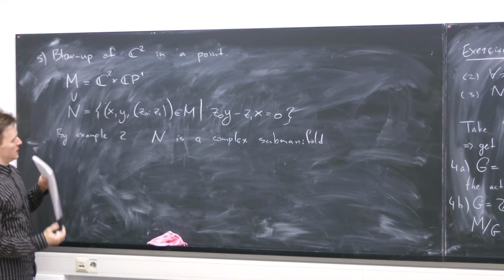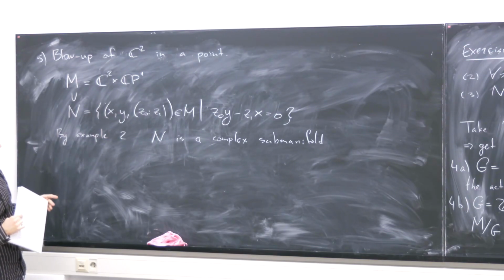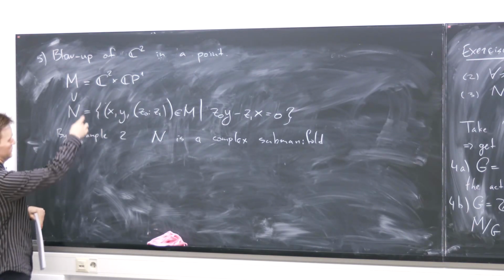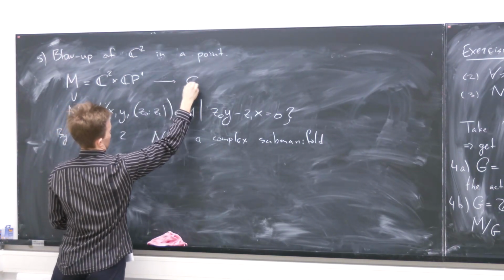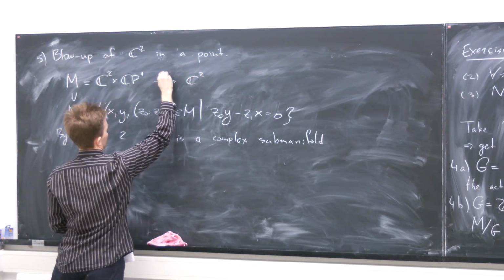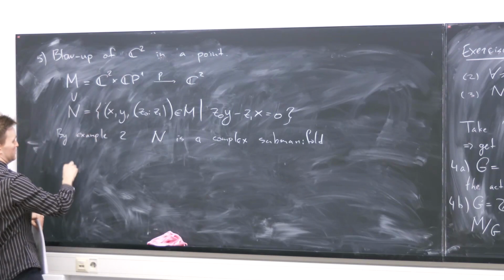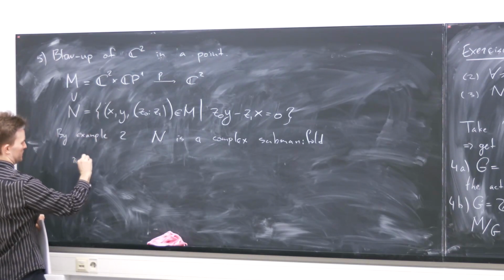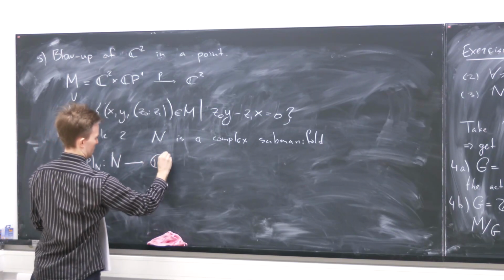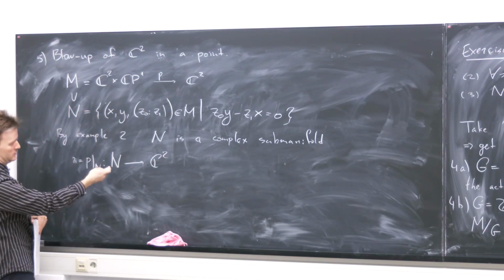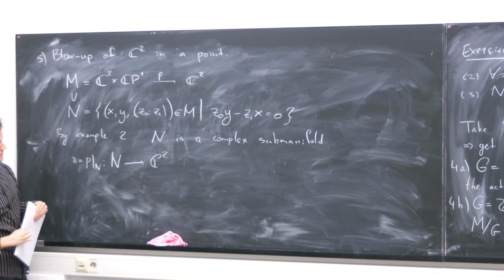Well, why is it called a blow-up? Let's look at the projection to C^2, restricted to N. What are the fibers of this projection?